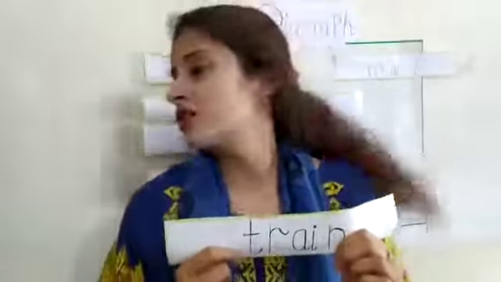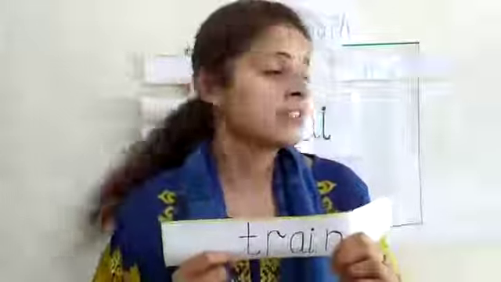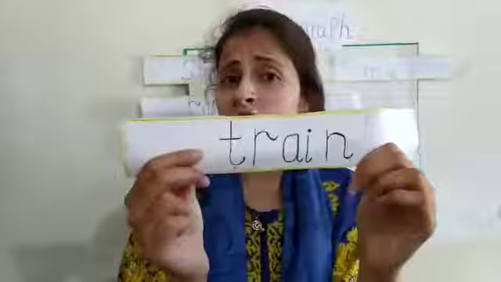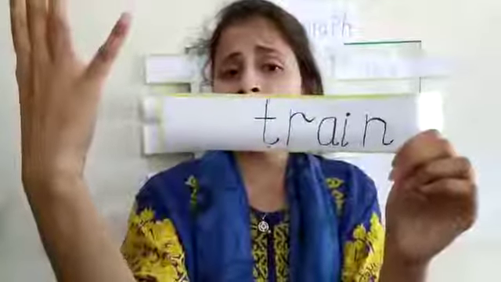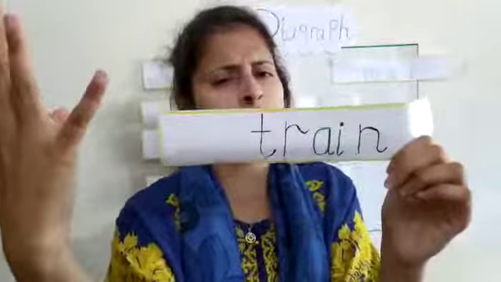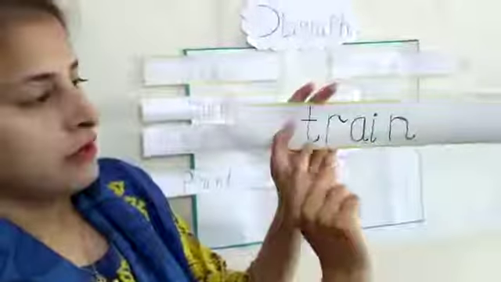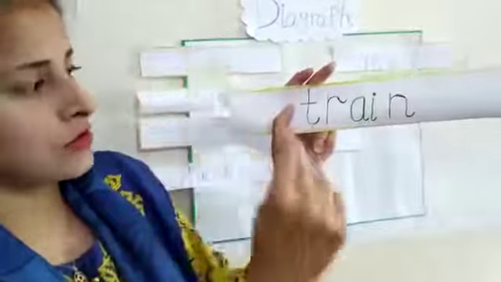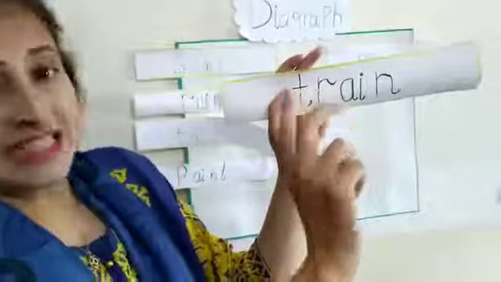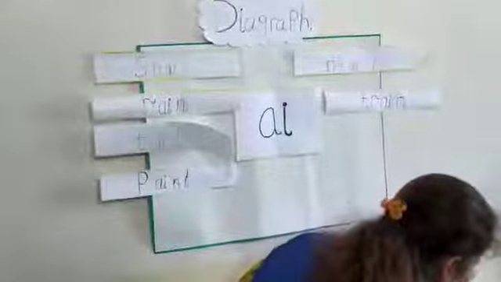T, t, t, like a tennis ball. A, train. And how many sounds in the word train? I think 4 sounds or 5 sounds. Let me see. Oops, sorry. In the word train there are 4 sounds. A, train. And again, I'm going to paste the train on the white chart paper.